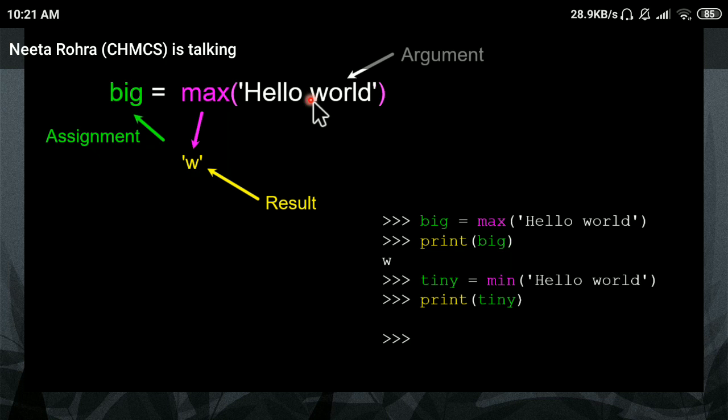Assume there is a black box where this function is kept. That black box is receiving hello world, doing some calculations, and returning back a value. Now, whatever value it is returning, I'm storing in a variable called big. This max function returns the highest ASCII value.